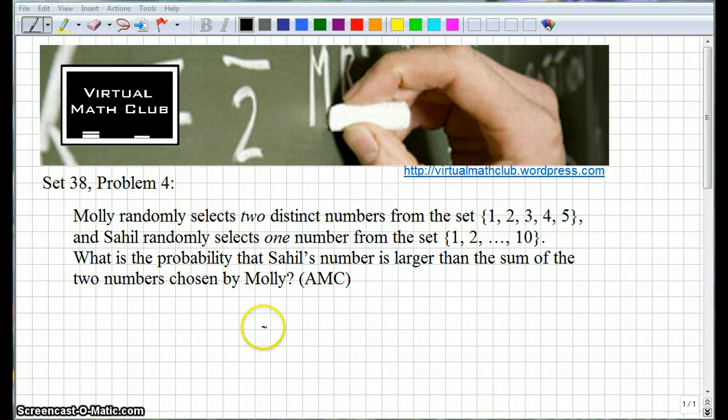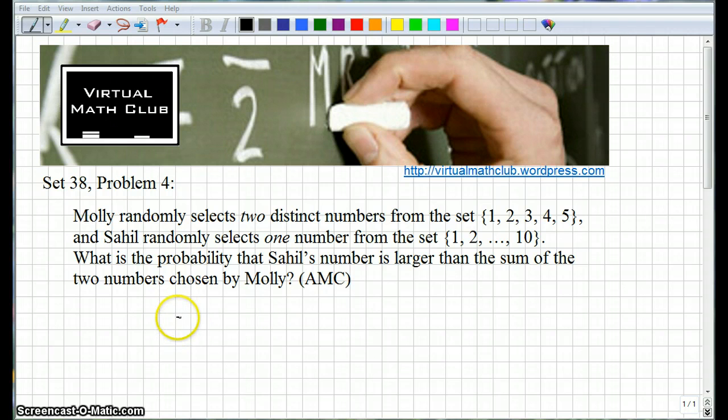Alright, well, let's break this up into a couple different problems. First of all, let's look at the probabilities of the numbers that Molly selects. She's choosing two numbers, so we can create a table of the combinations of numbers that she could choose.